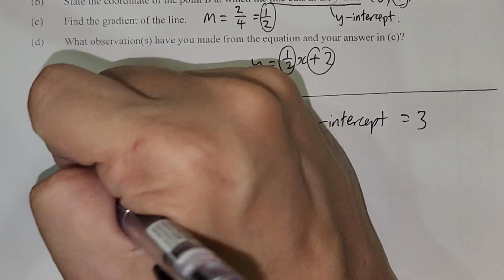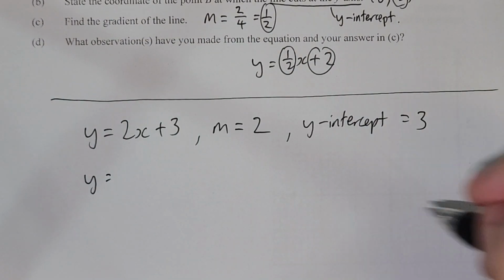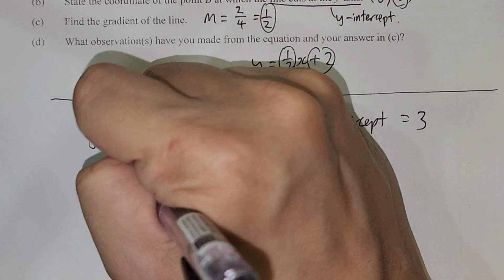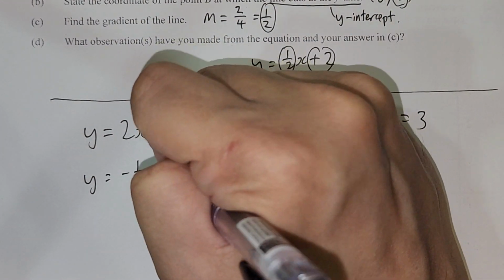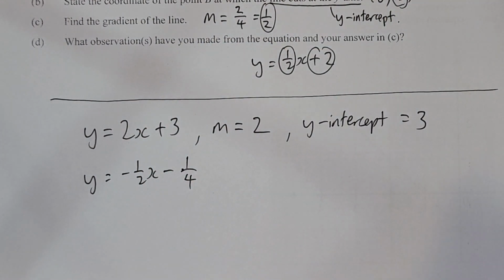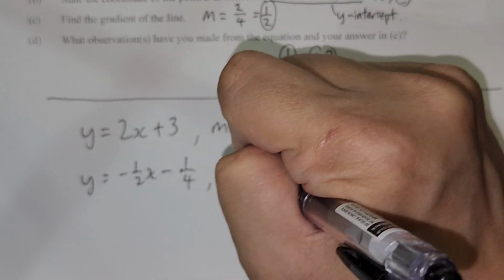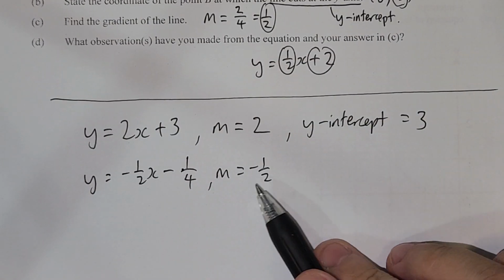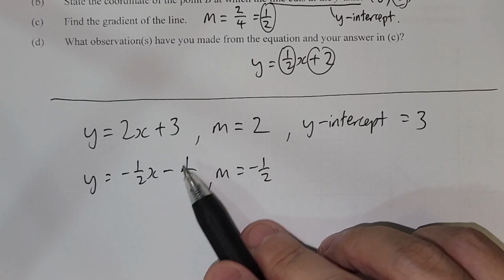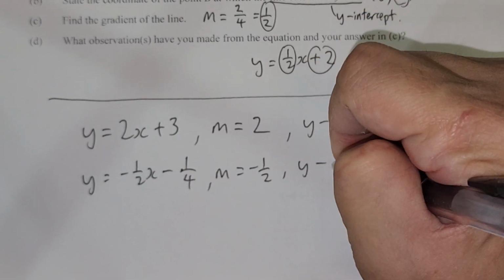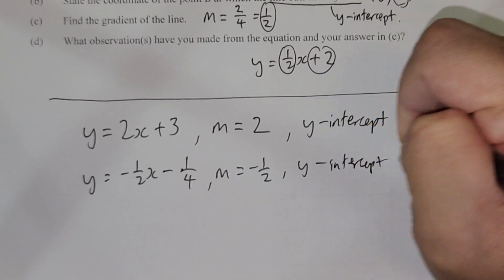Another example, even if I have a negative value and fraction, it's the same. Gradient is the coefficient of x, the number in front of the x, and the y-intercept is the constant.